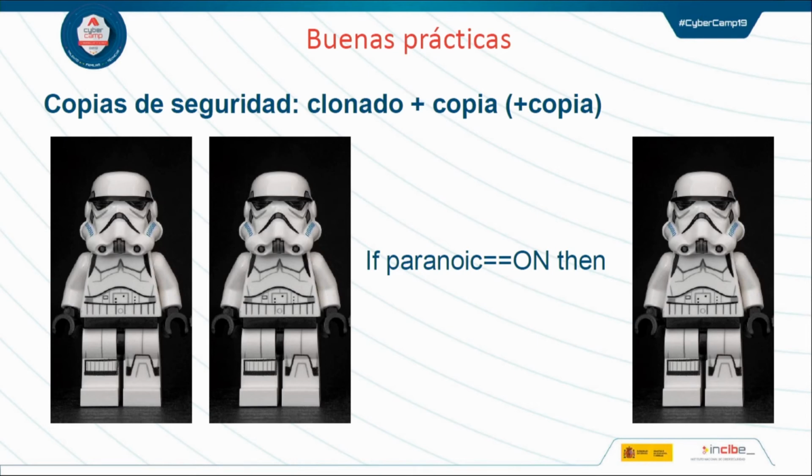I'm going to mention some good practices when we're doing forensic investigation. One of these good practices is having 2 copies of everything that we have. We have our original piece of evidence, obviously, anything that has been compromised or an object, and we do a clone and then a second clone.